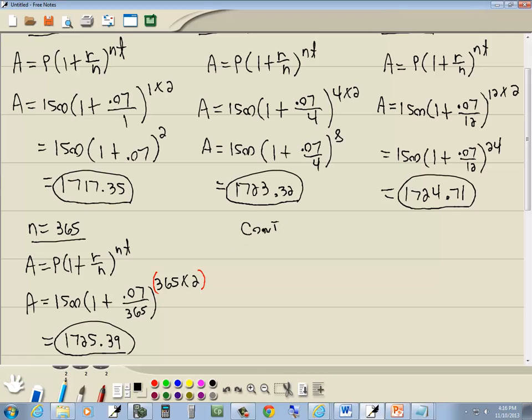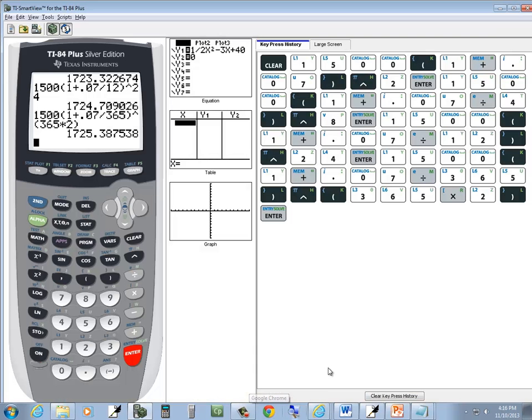Now, the last one is continuous. That's our PERT formula. So A is equal to P e to the RT power. P we said is 1500, e to the R, which is 0.07, times T, which is 2. The key to plugging this in is do not put any extra parentheses.